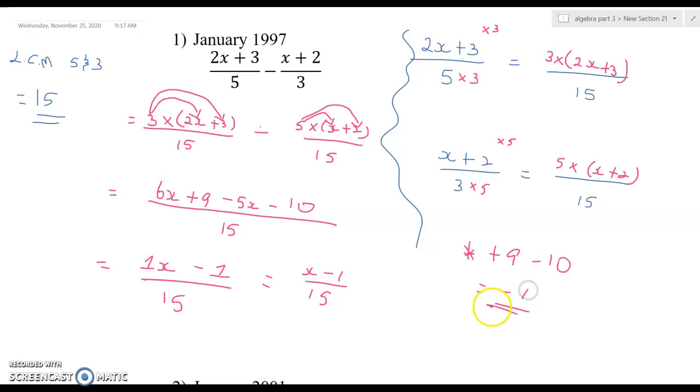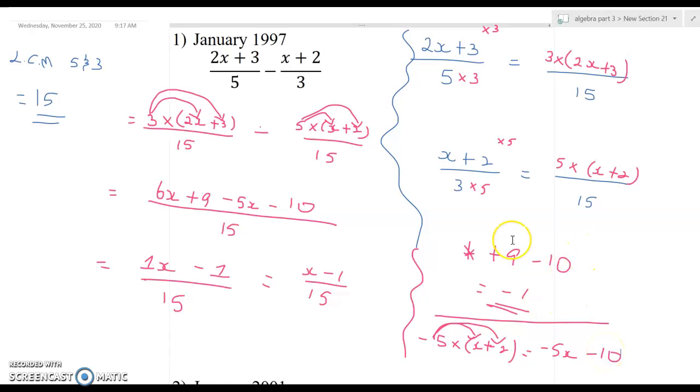That's how we get the minus 1 there, right? And also, remember for the other piece there, which I should have probably written before, minus 5 times x plus 2, right? So the minus 5 by the x, that's how we get the minus 5x. And then minus by a plus again is a minus, and 5 by 2 is 10, right?